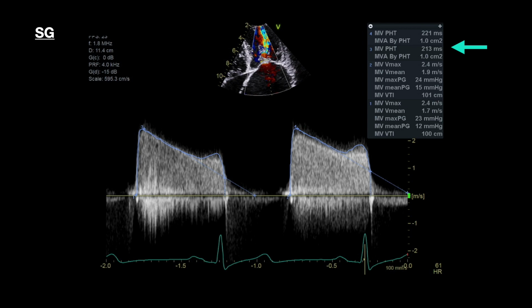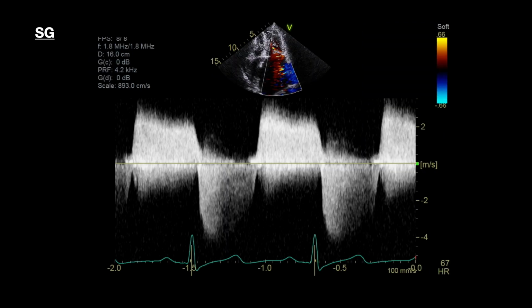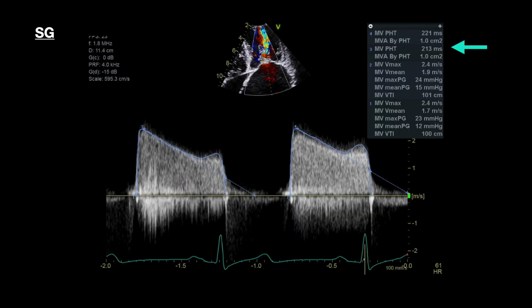And using the same image, I guess, so it's all CW through the valve, but they've just changed the angle a little bit. So now we're really looking at flow through the valve from the atrium to the ventricle, so above the baseline, with continuous wave Doppler. So tracing around that CW spectral waveform will give the mean gradient, and then the purple dotted straight line tracing down the E wave deceleration slope is how you measure the pressure half time.